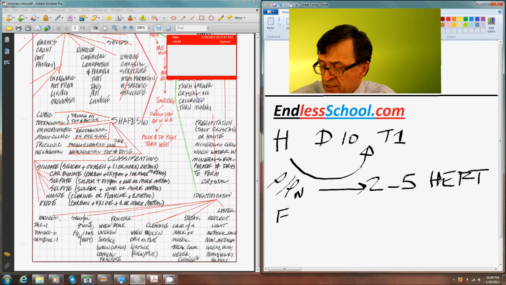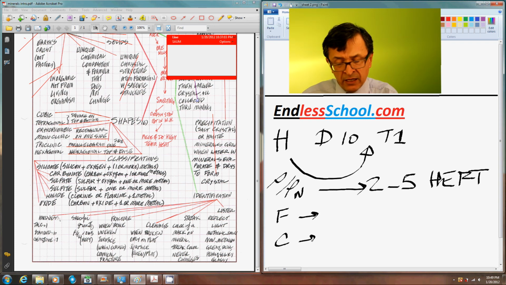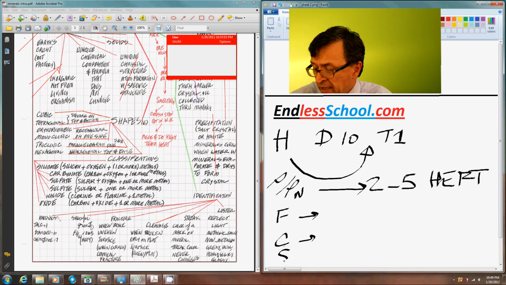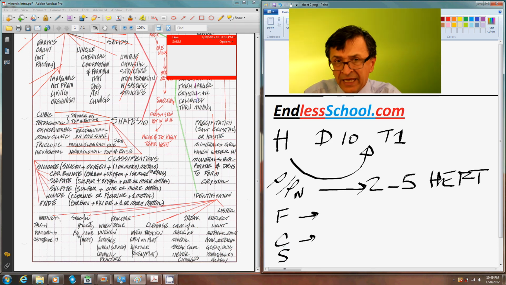Fracture or cleavage comes in by breaking the mineral. If you break it and the surface becomes rugged or uneven, that becomes fracture. But if you break it and it becomes flat and very even, that's considered cleavage. The streaks of color, and actually the color within the minerals, and sometimes the smell, is also another identification.